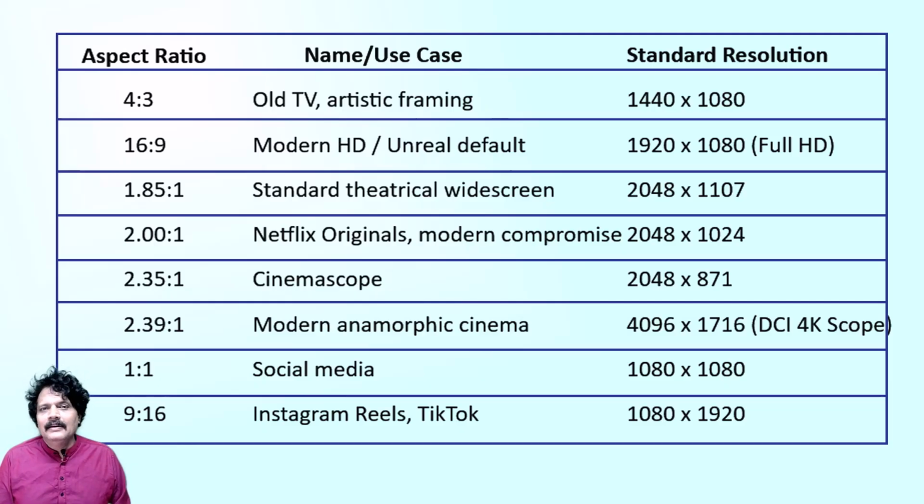So that's why in cinema we tend to increase the width. There is a system called Cinemascope, and in Cinemascope the ratio is 2.35:1 and the size is 2045 in width and 871 in height.